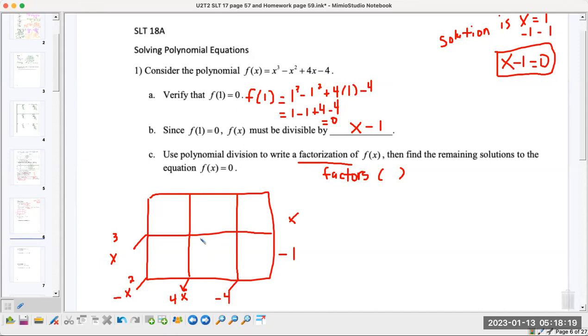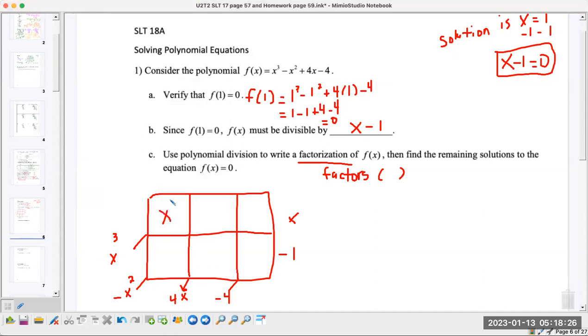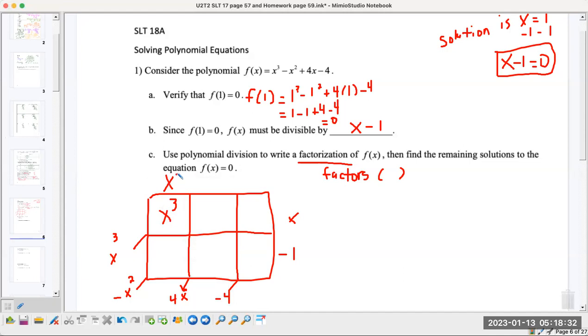All right, let's have our division thought. x cubed divided by x is going to give me x squared. Multiply back, x squared times a negative 1 is a negative x squared. All right, this box plus this box need to add up to negative x squared. So this must be 0. All right, that works. 0 divided by x is still 0.